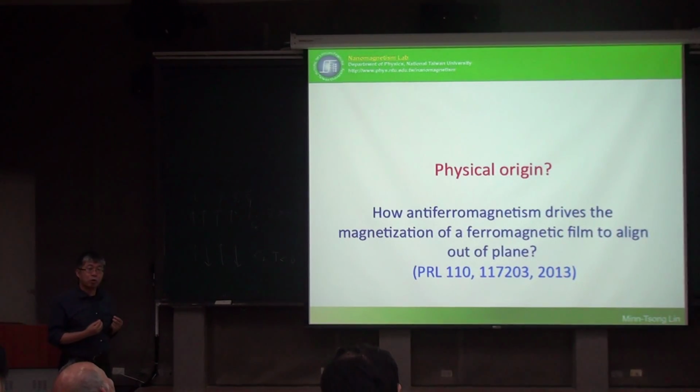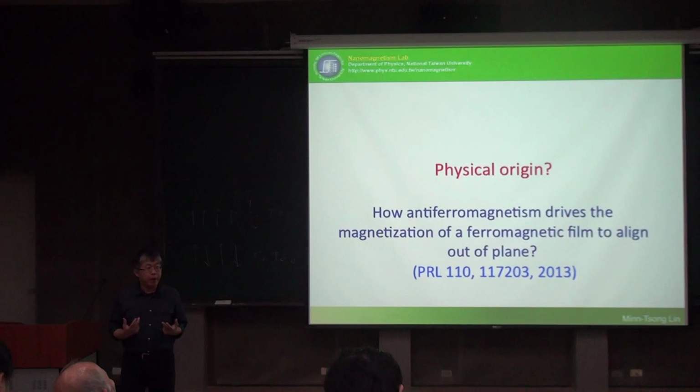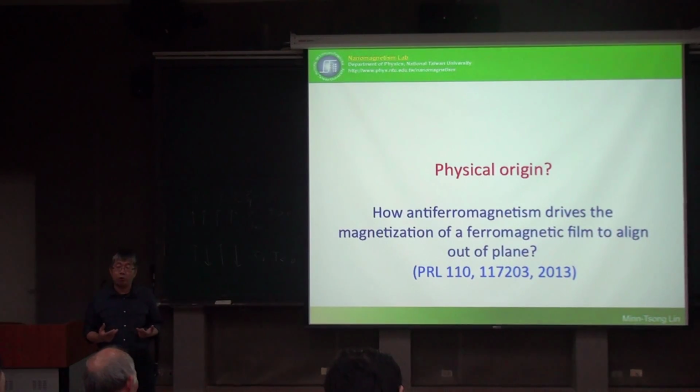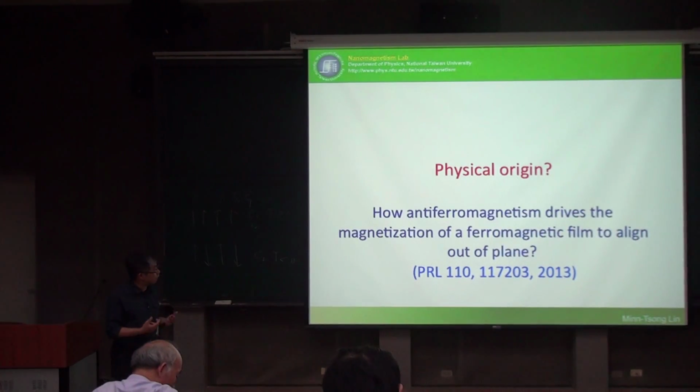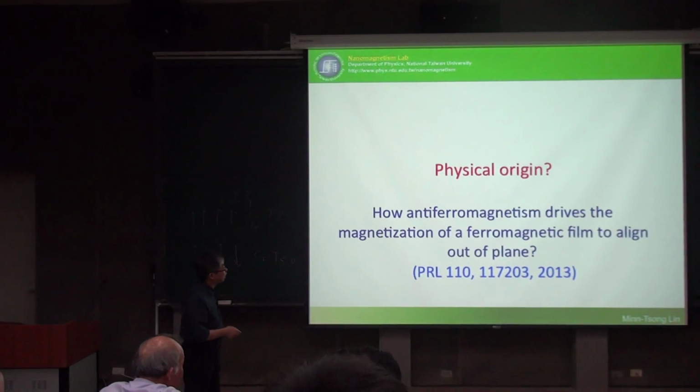You enhance also the perpendicular anisotropy. So if this is only a purely interface property, the effect should be independent of the thickness here. So then we will ask in the following, how antiferromagnetism drives the magnetization.